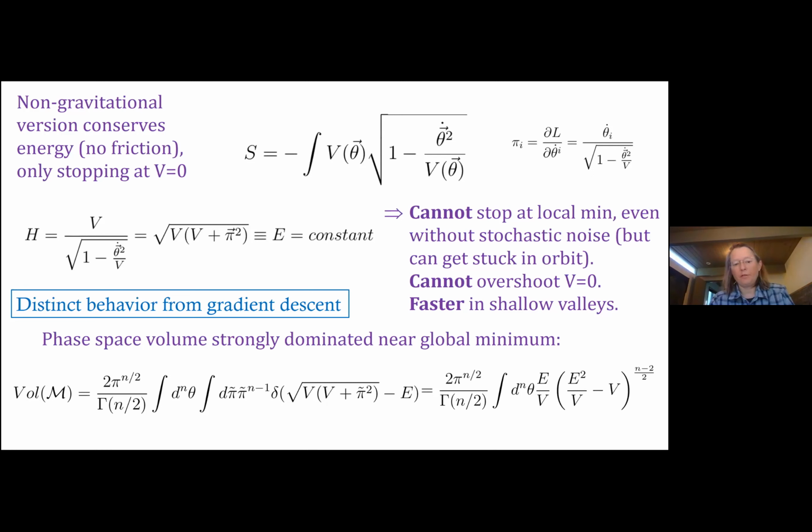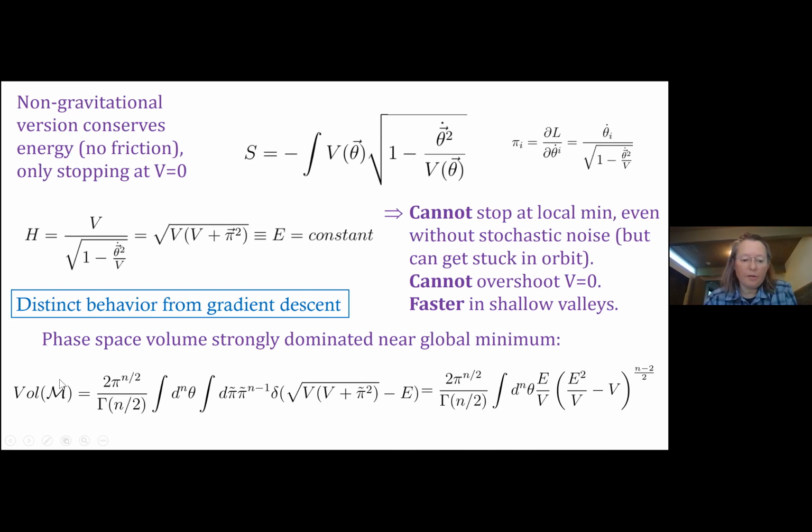The volume is conserved. And in a situation with energy conservation, you can ask for what the phase space looks like in various regions of the potential combined with the momenta. And for later use, it'll be very important to note that this volume is very strongly dominated near v equals 0.